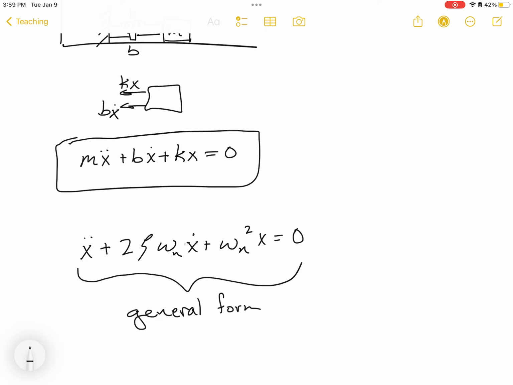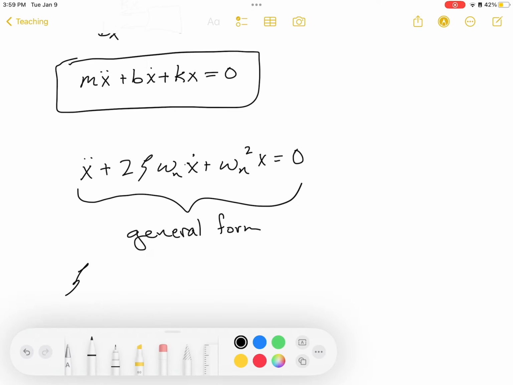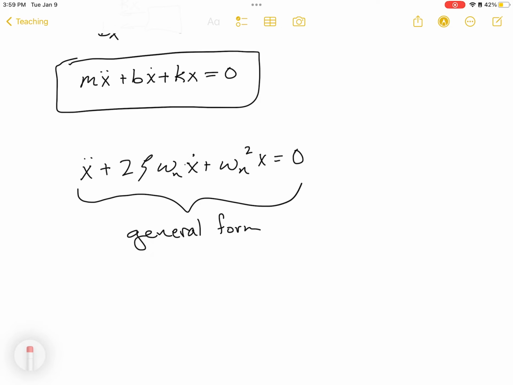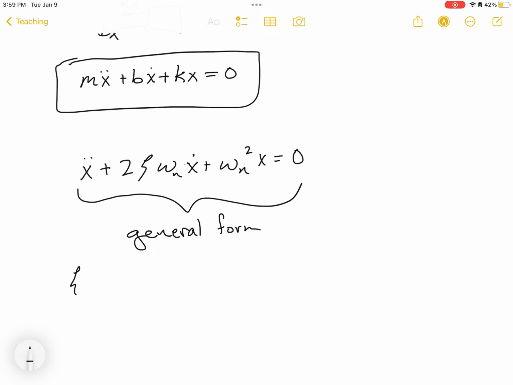And these variables have special names. So zeta, which I write like that, that's not my best zeta. I'll rewrite it again so you can recognize it later. It has a little bit of a loop and then a bump down there. That's what's called the damping coefficient.